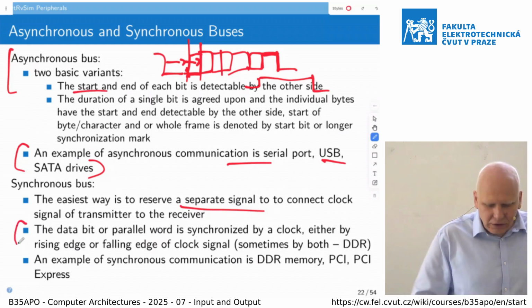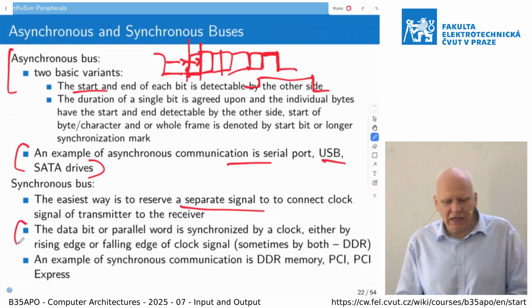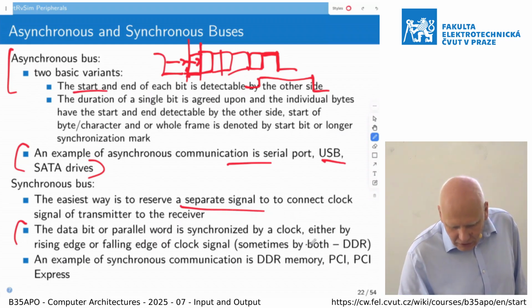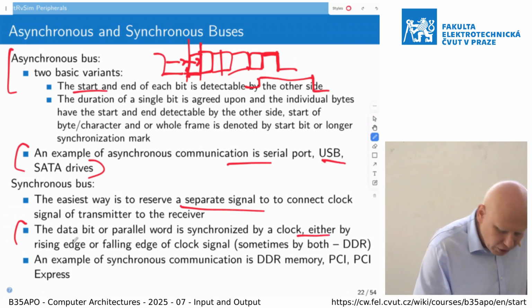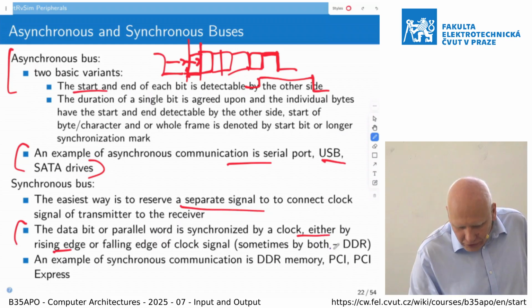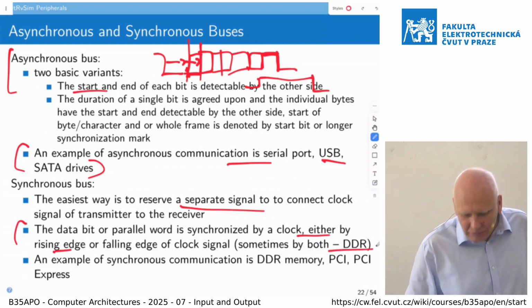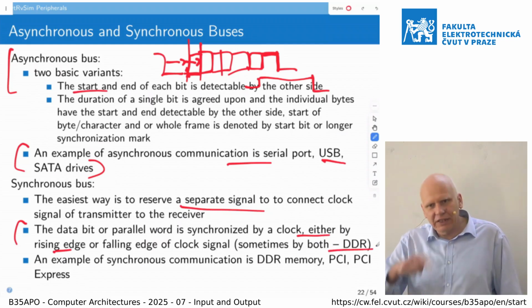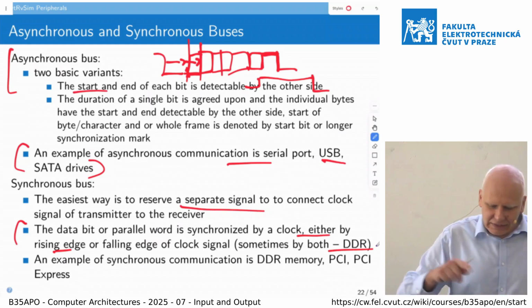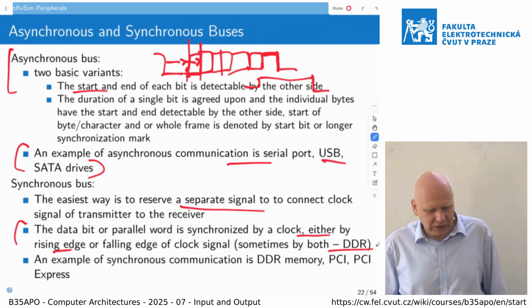In those synchronous cases, we can synchronize by the rising edge or falling edge, or, for example, on DDR RAMs we transfer data at both the rising and falling edges.